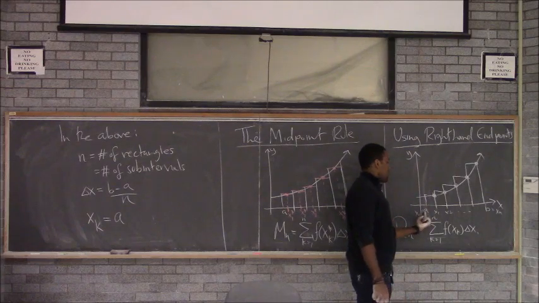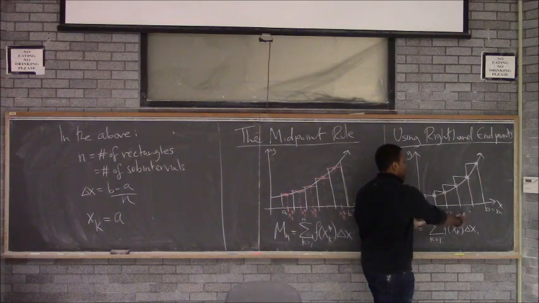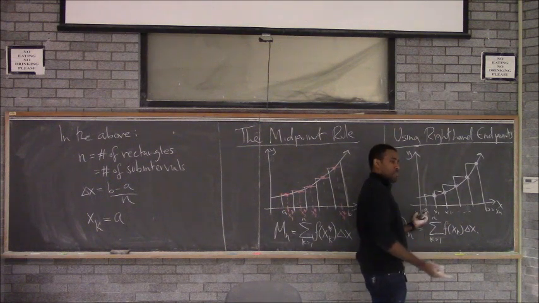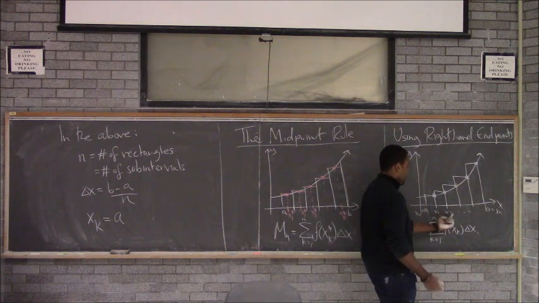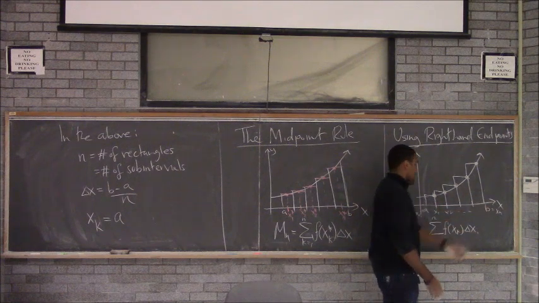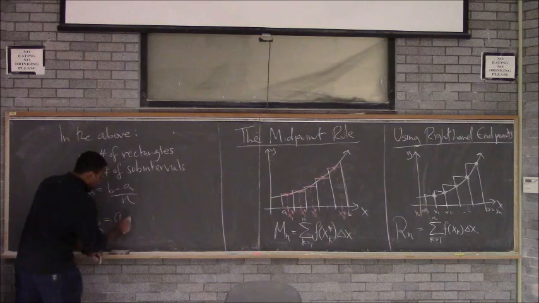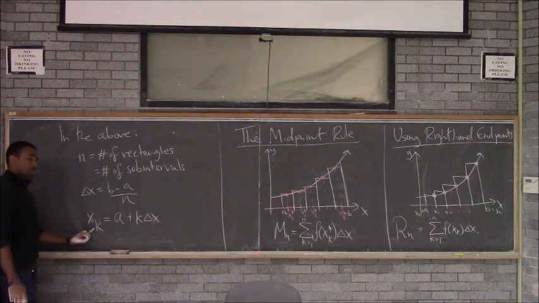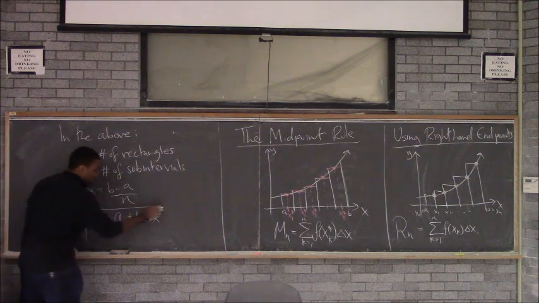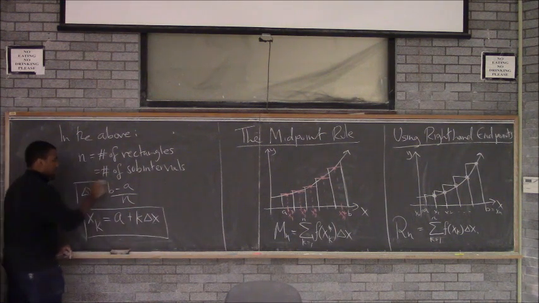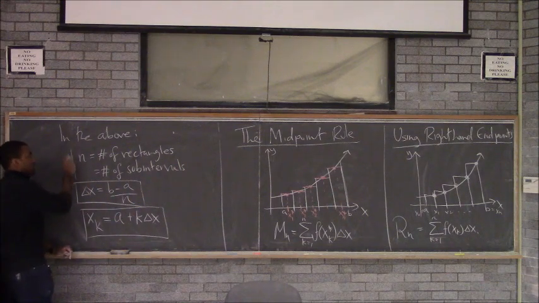So if you're here and you want to know what is the fifth point's location, well, you would have to add delta x 5 times to get there. So it turns out that the subscript tells you how many times you need to add delta x. And so basically, start with a plus k times delta x. And that's going to tell you how to find the x coordinates that you want to use. So this you need to know, that you need to know, and that you need to know.